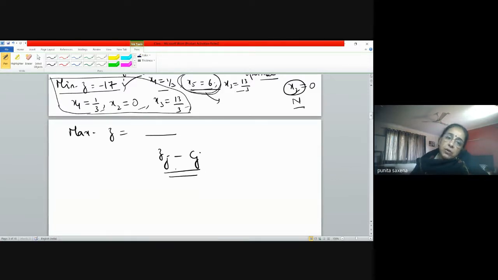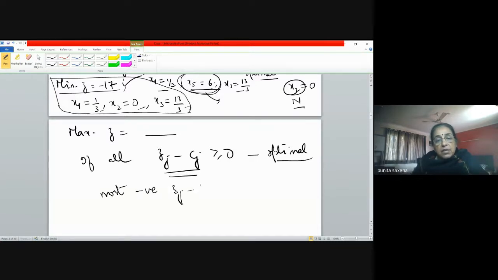When we look at zj minus cj's, the optimality criteria says that if all zj minus cj's are more than or equal to 0, then the current solution is an optimal solution. Otherwise, the most negative zj minus cj enters the basis.